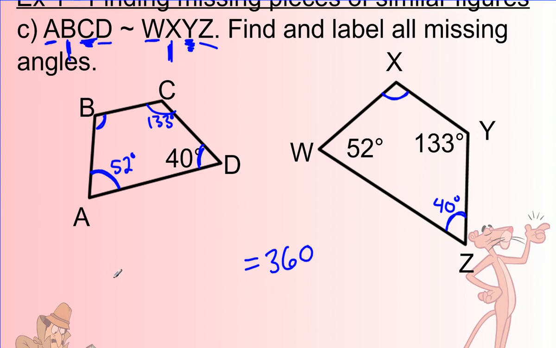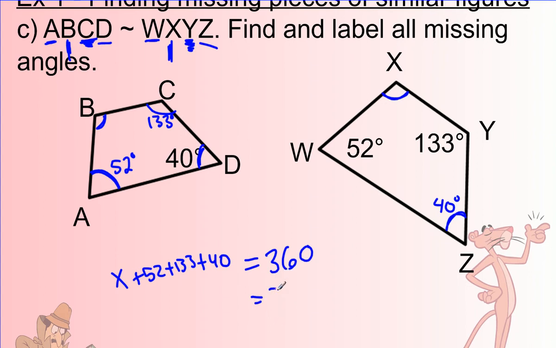So if I take my missing angle x plus 52 plus 133 plus 40, all of those together should equal 360 degrees.